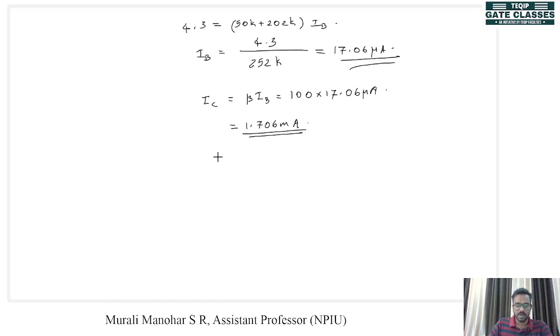Now IE is given by beta plus 1 IB, that is 101 into 17.06 microampere, and the value is 1.727 milliampere.